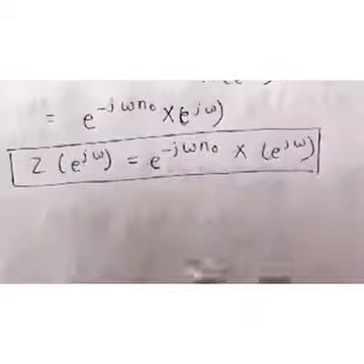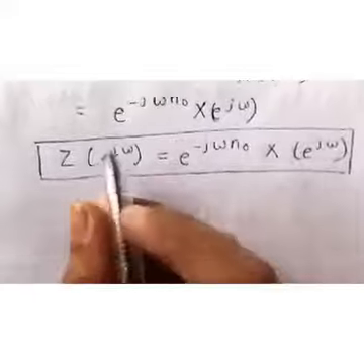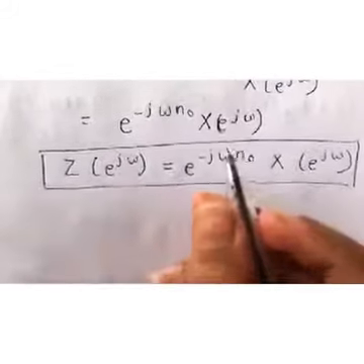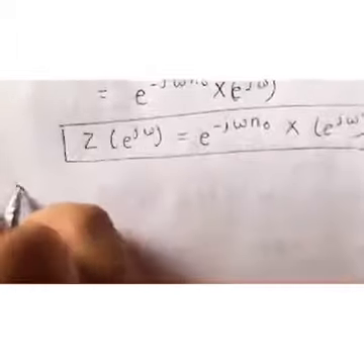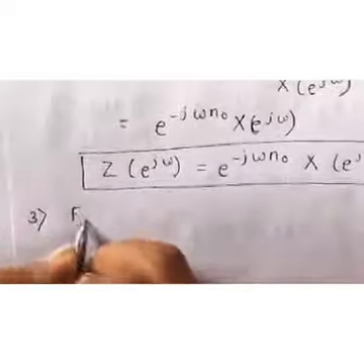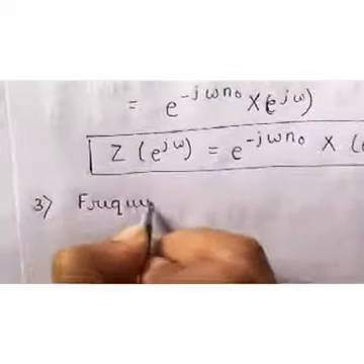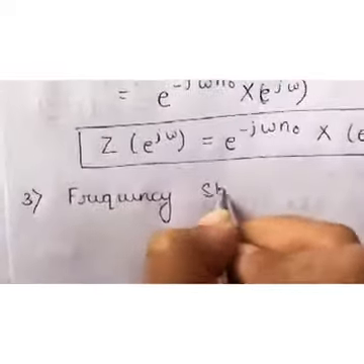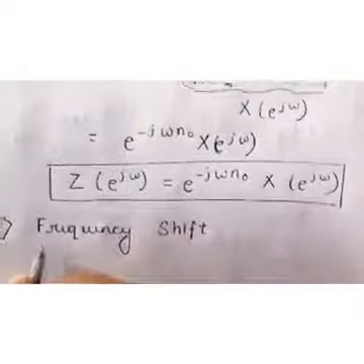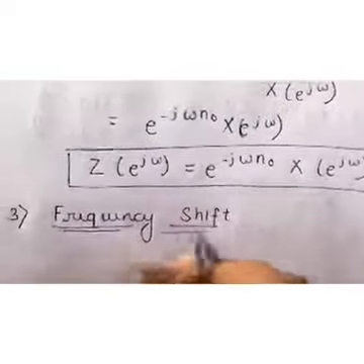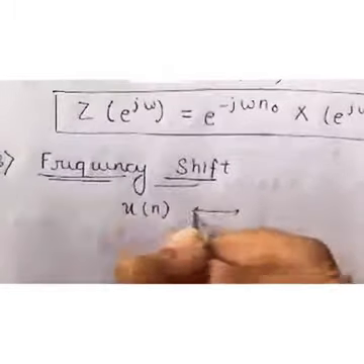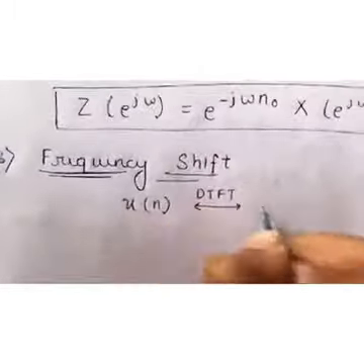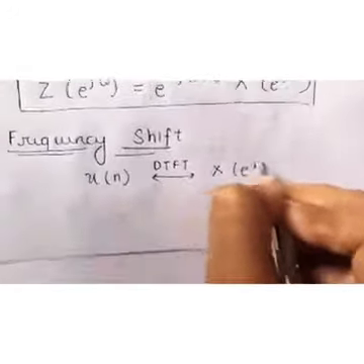So it says basically that if there is a shift in the input, then there will be an exponential multiplied by that shifted version in the output. So the third property is frequency shift. We know x of n forms a DTFT pair with X of e^j omega.